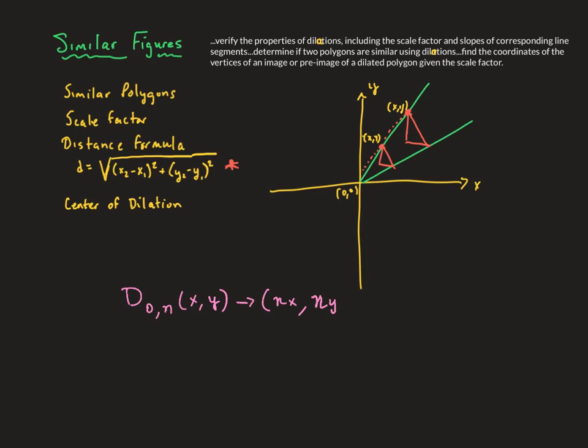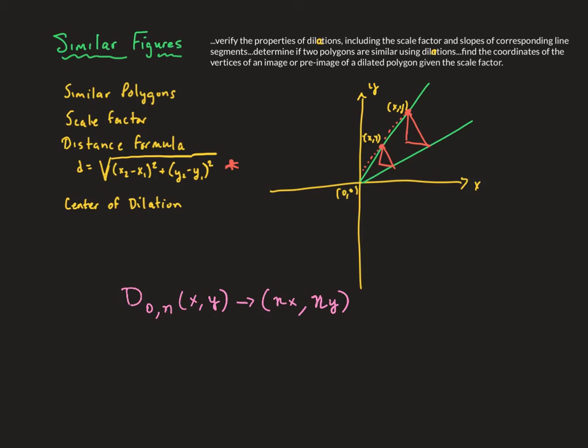I'm going to multiply the scale factor times the y value to find my new y value. And each side of this similar figure is multiplied by that same scale of n.